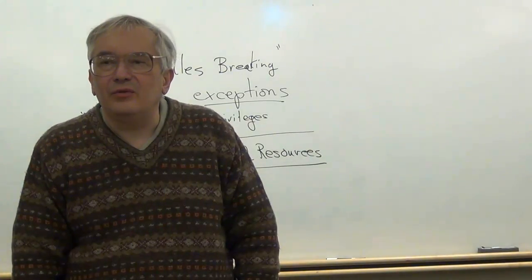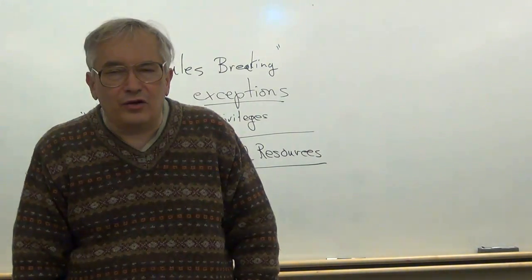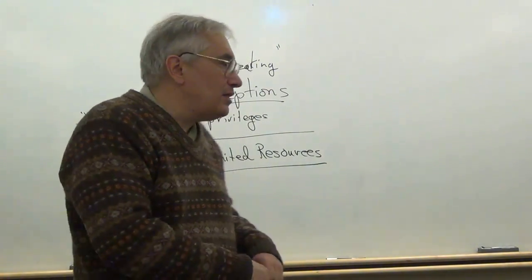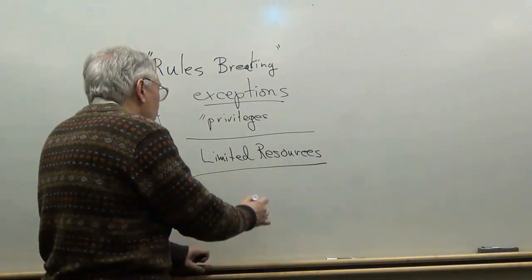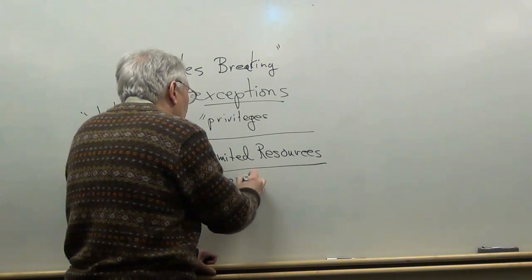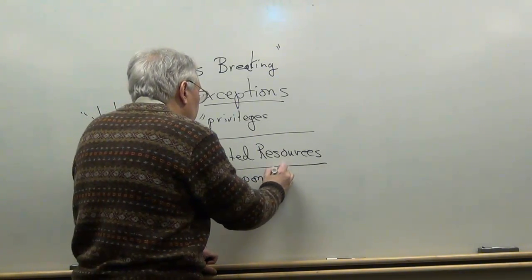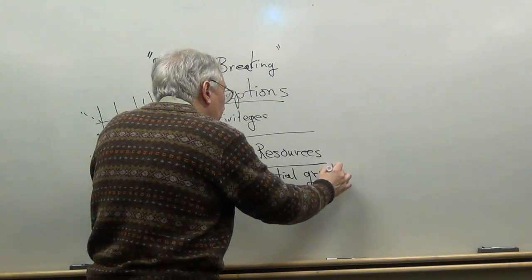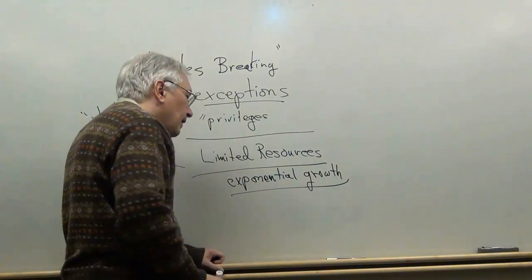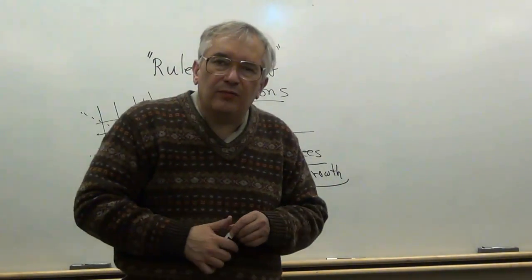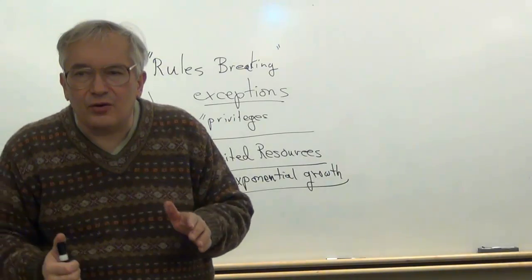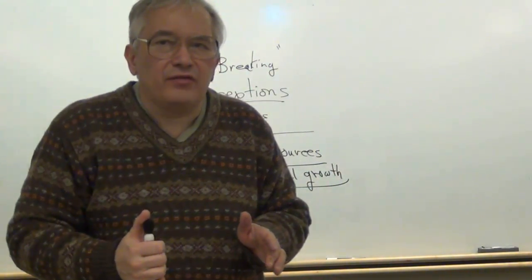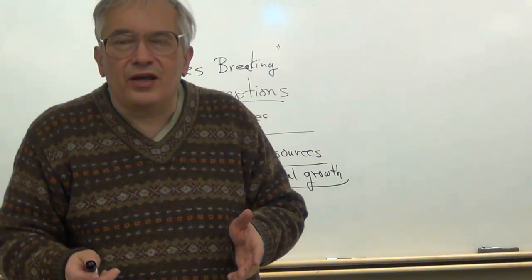Why do we have limited resources like this? Well, first of all, if we didn't have limited resources in some way, there is a tendency to run into something called exponential growth. In exponential growth, we can grow 10 coffee this turn, and 15 next turn, and 23 the turn after, and 40 the turn after that.